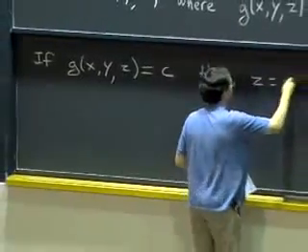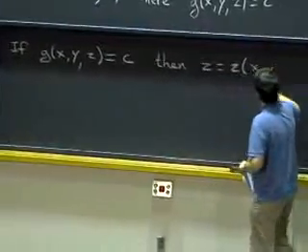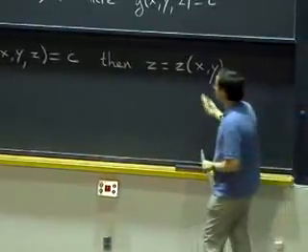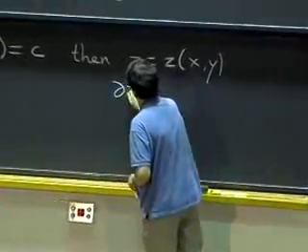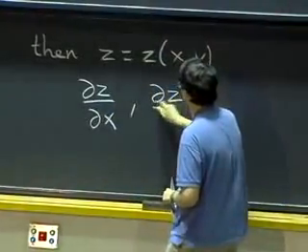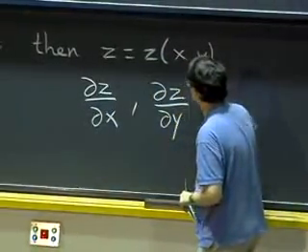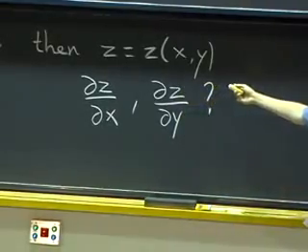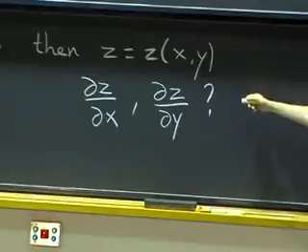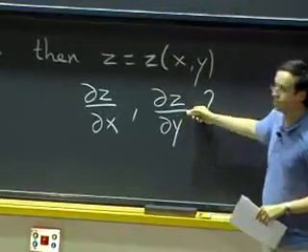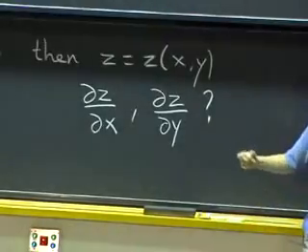So, if, for example, you think of z as a function of x and y, we can ask ourselves, what are the rates of change of z with respect to x keeping y constant, or with respect to y keeping x constant? And of course, if we can solve, then we know a formula for this, and then we can compute these guys. But what if we can't solve?